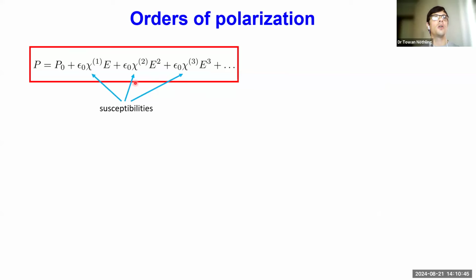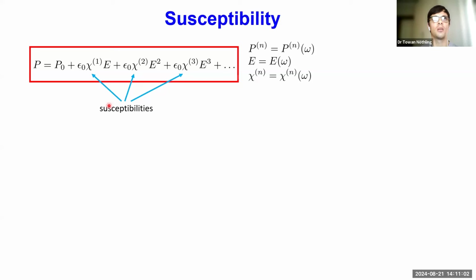Okay, so we spoke about these susceptibilities in the expansion of the polarization. We spoke about the linear susceptibility, which gives rise to linear spectra. And we spoke about nonlinear susceptibilities, which give rise to nonlinear spectroscopy. The susceptibilities are frequency dependent.